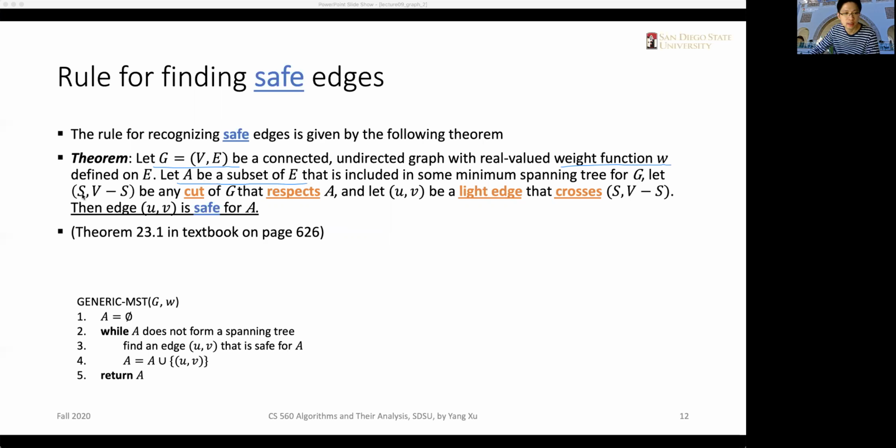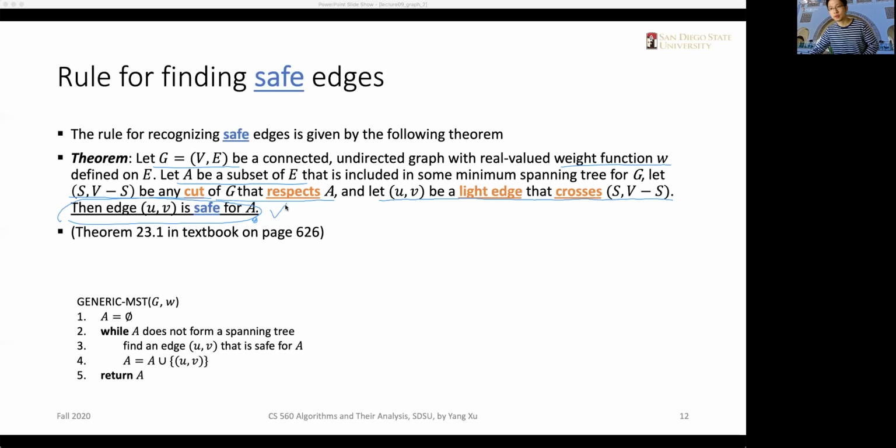Let S and V minus S be a cut that respects A, and let the edge be a light edge that crosses the cut. Then this theorem tells us that the light edge is exactly the safe edge that is needed to be included into A, or used to grow the subset A.